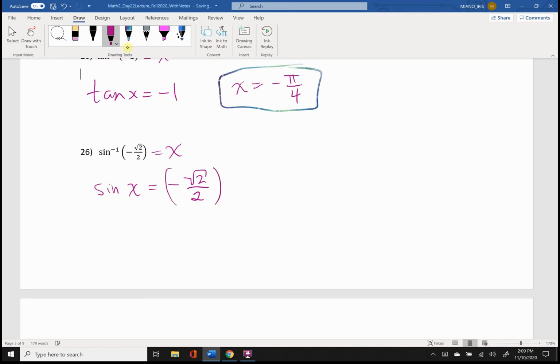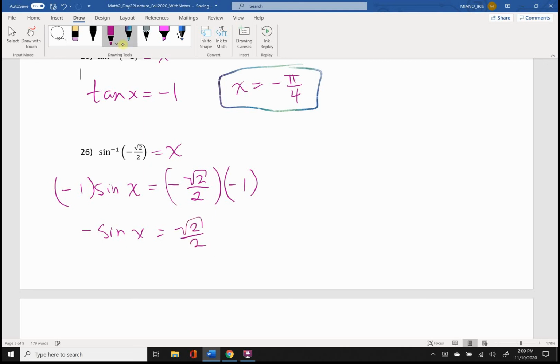Let's go ahead and multiply both sides by a -1, right? And then we'll get negative sine x equals positive now this, root 2 over 2.